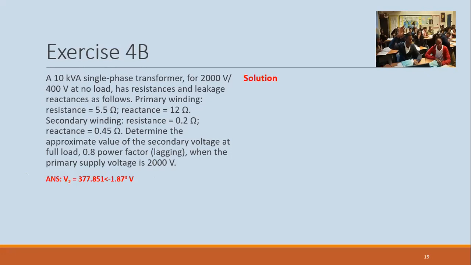So the voltage regulator would actually raise the primary voltage up to about 2100 to allow you to get 400 volts at the secondary.